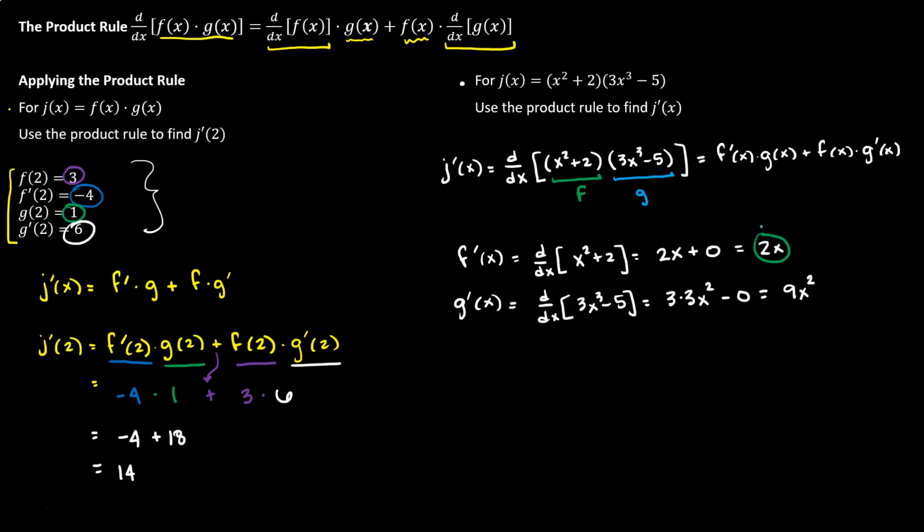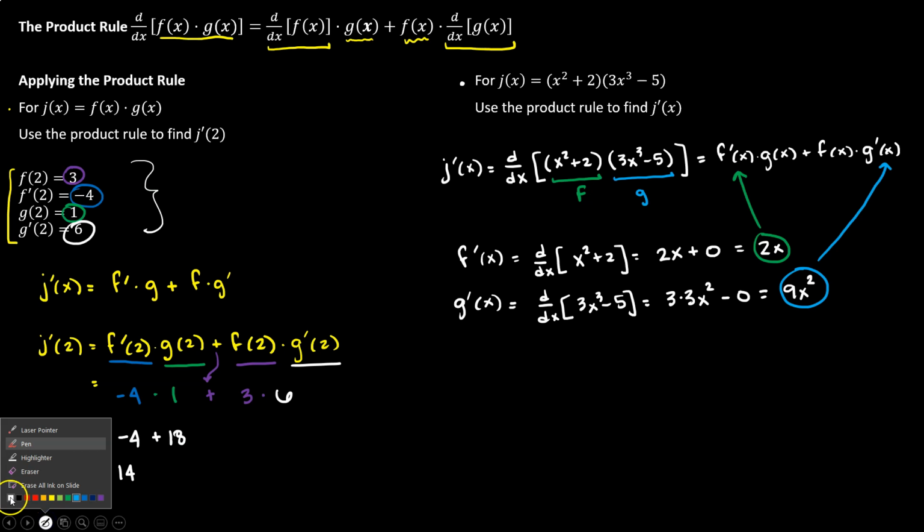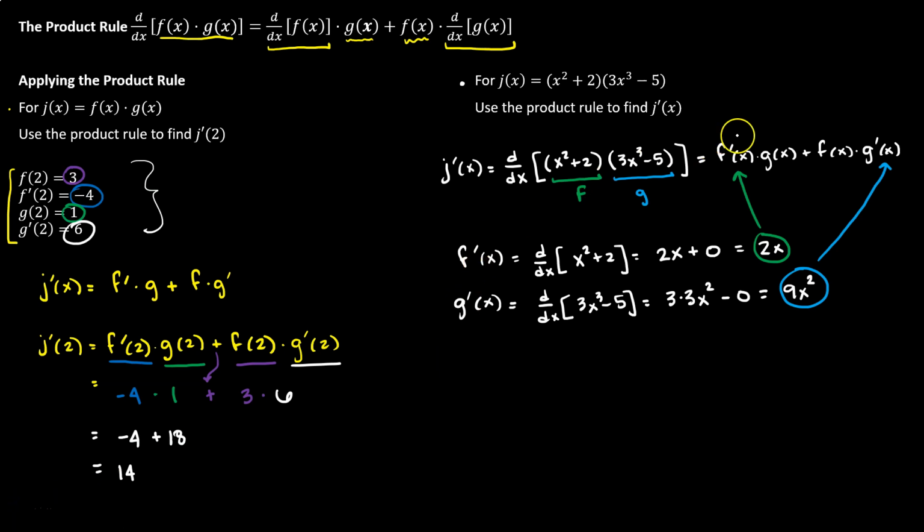F prime is 2x. G prime is 9x squared. We know the definitions for f and g as well. Those came straight from the original definition for j. So we're just going to simply replace f prime, g prime, f, and g with their function notation.